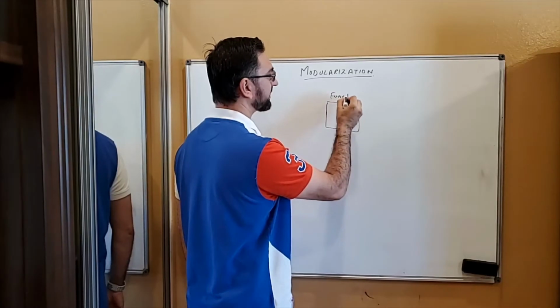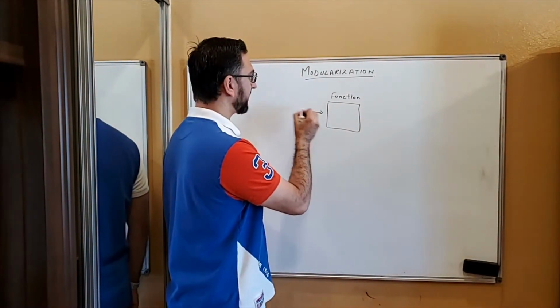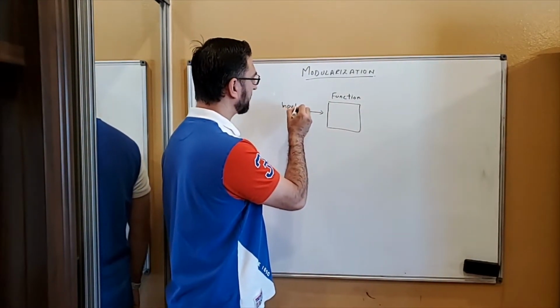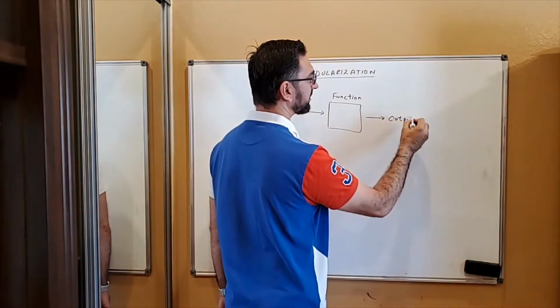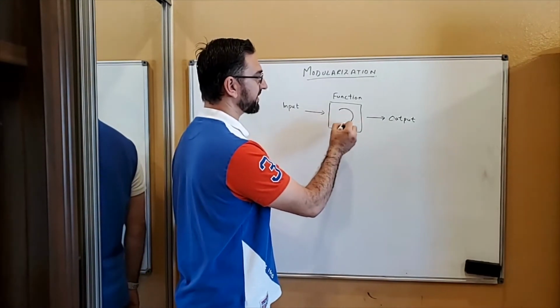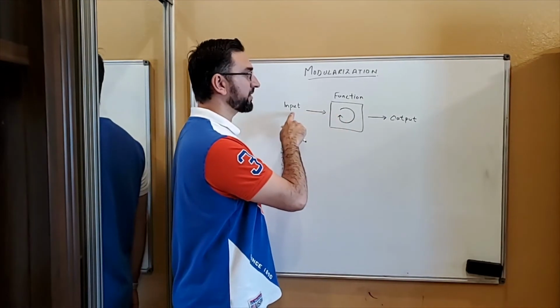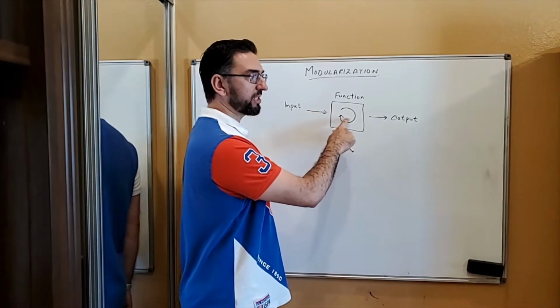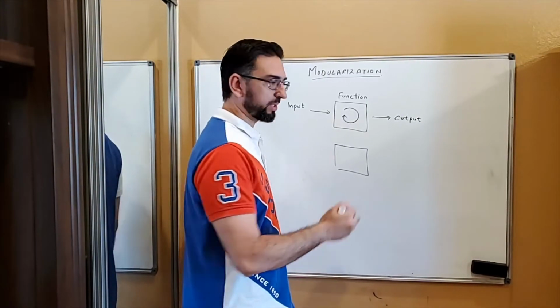In a mathematical sense, we have a function. This function takes some input and it gives us some output, and there is some processing this function performs inside, right? The processing is performed on the input, and this processing generates the output. Now consider a mathematical function square.